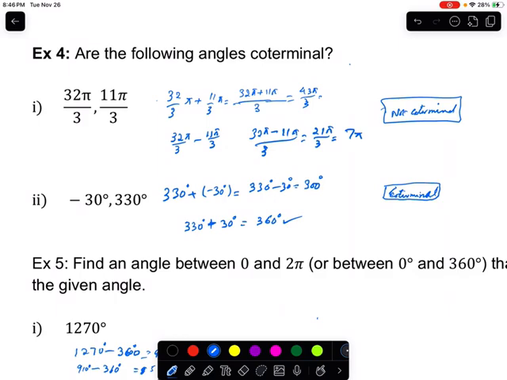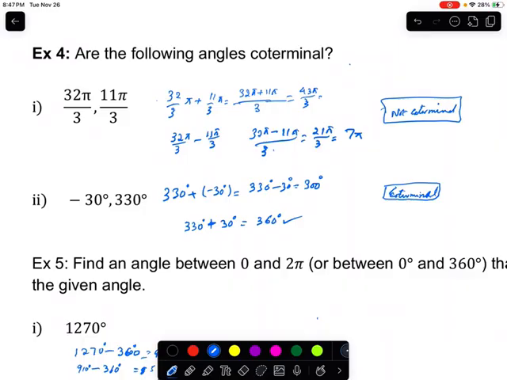Now we subtract. Because the denominator is common, in the addition case we just add the numerators, and in the second case we just subtract the numerators. So I end up getting 21 pi over 3, which means 7 pi.